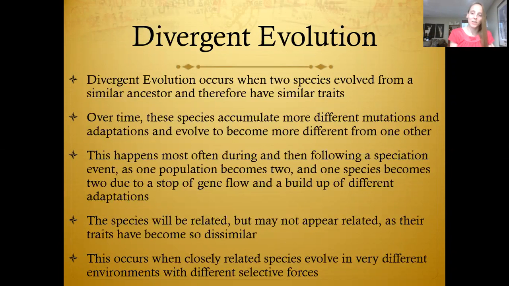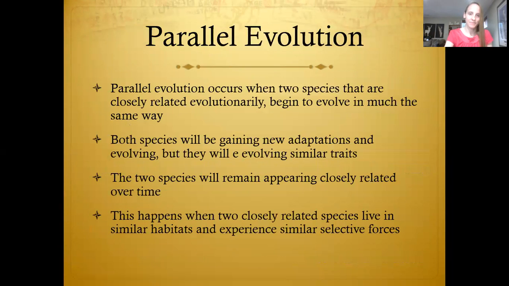Even though the species are related, they might not look very related because they're going to be evolving different traits. Usually this happens when closely related species end up living in very different environments with different selective forces.